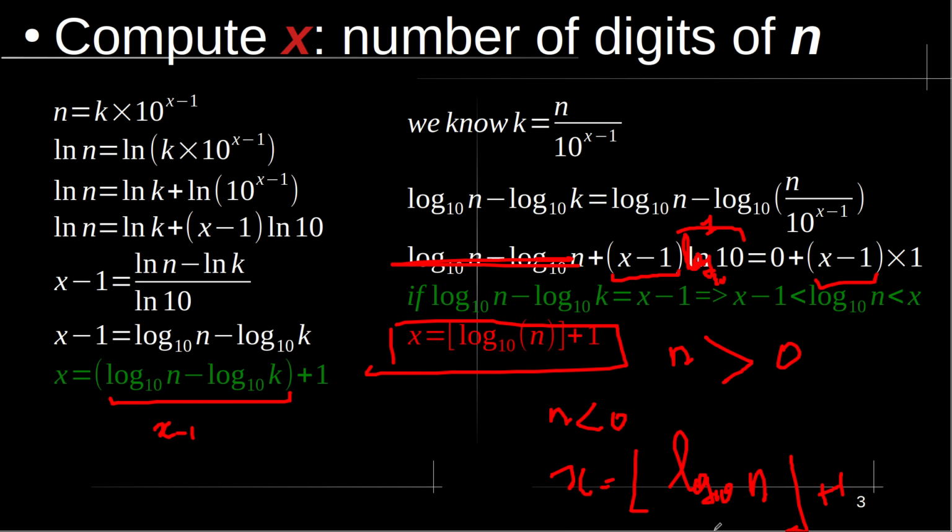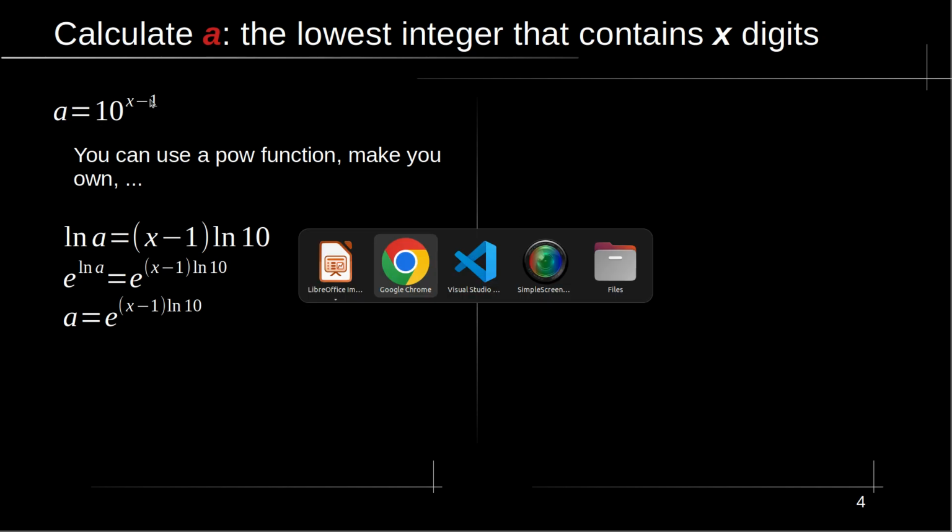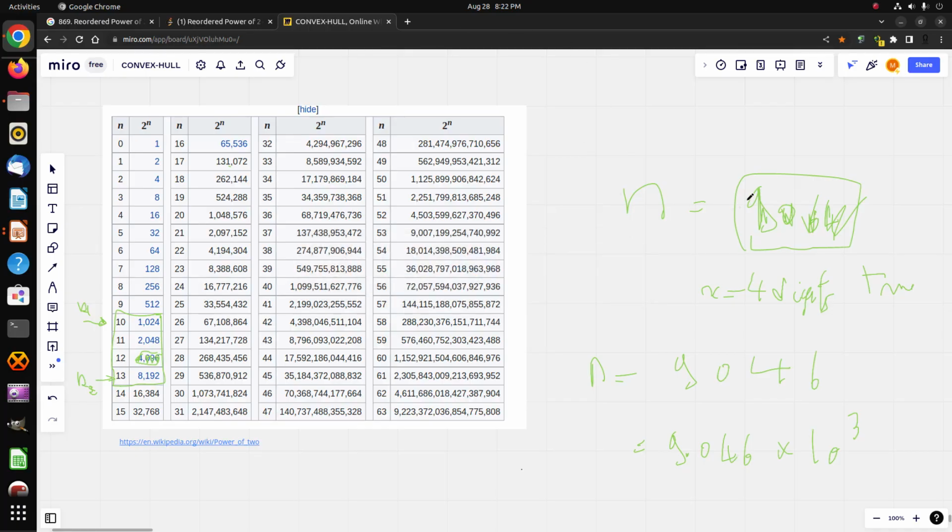Okay. How to calculate a, which is the lowest integer that contains x digits? a is equal to 10 power x minus 1, which is above here. If n contains 4 digits, the lowest integer that contains 4 digits is 1000.